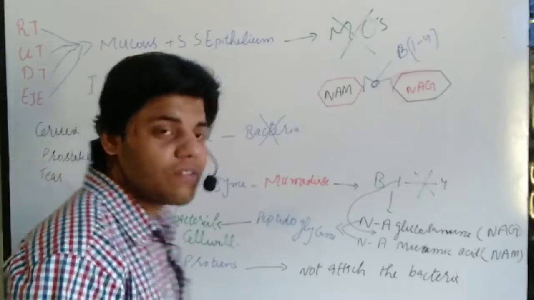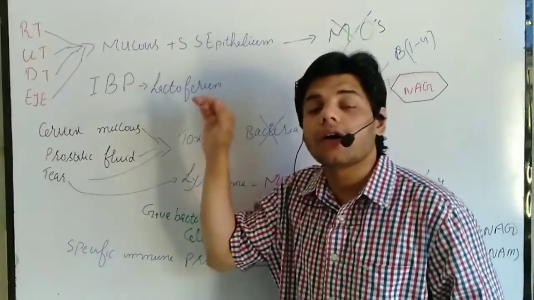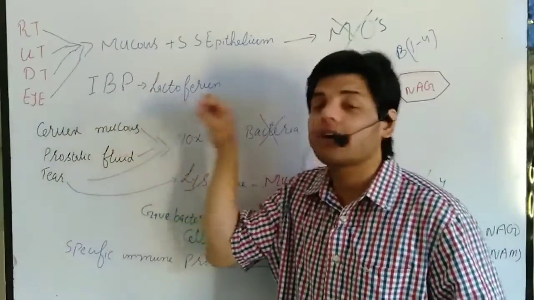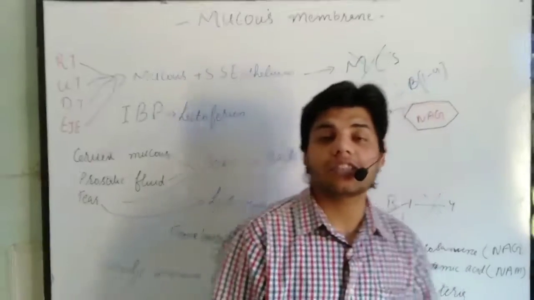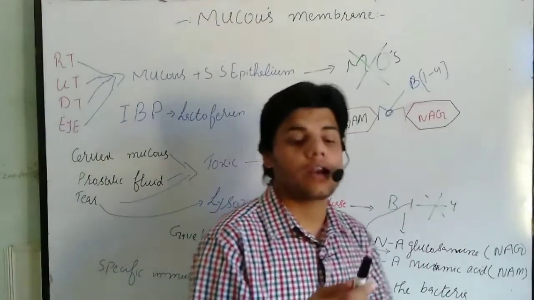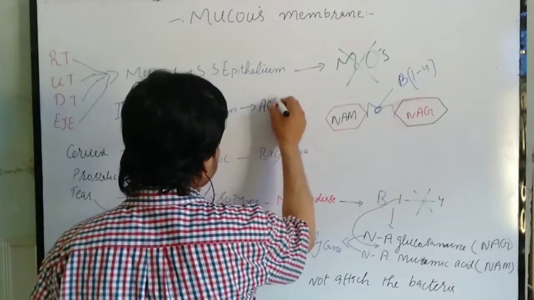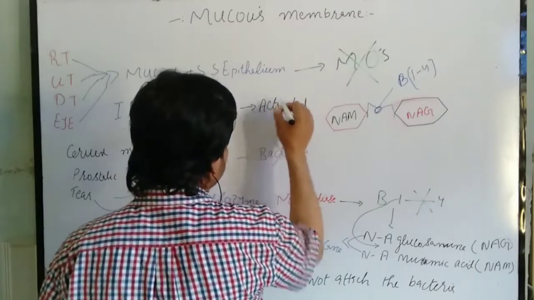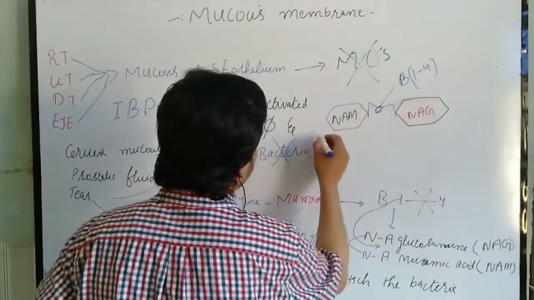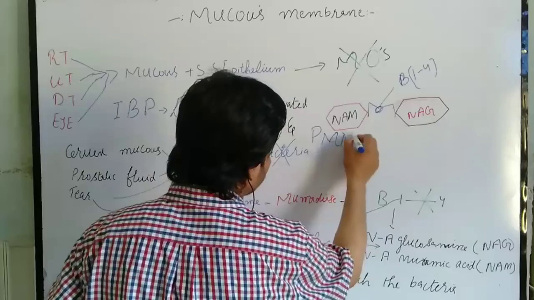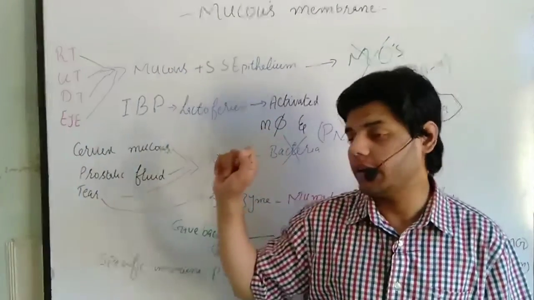Now what is the function of this lactoferrin? These lactoferrins are usually released, or obtained, from the cells which we call activated macrophages and polymorphonuclear leukocytes. So now what is the function of each lactoferrin?